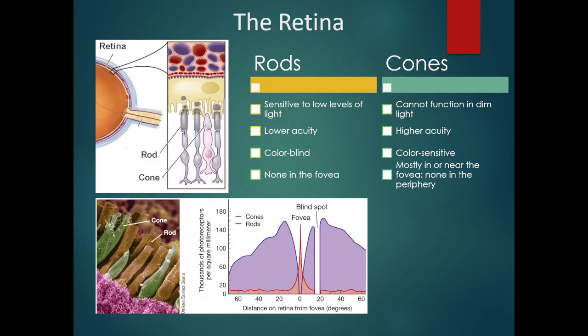So here on the left is an actual electron microscope image of the retina, and you can see the rods and the cones. This is in a part of the retina where there are cones and rods in the same area. And they've colorized for us the cones in a shade of green and the rods in a shade of mustardy brown. I don't know what color that is. And you can also see the support structure beneath them.